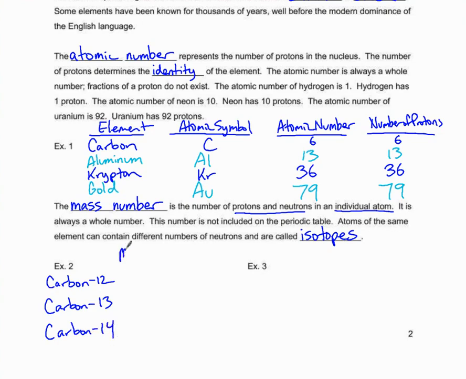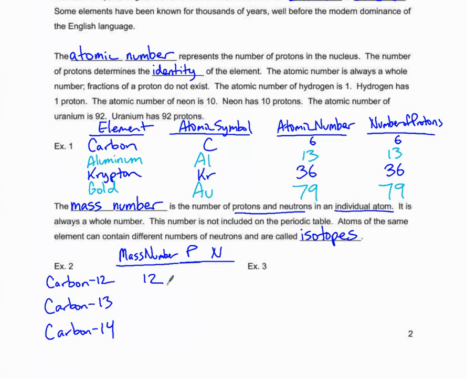So we want to look at mass number, number of protons, and number of neutrons. When we're looking at these, the number is telling us the mass number of that isotope. So the mass number of carbon-12 is 12.